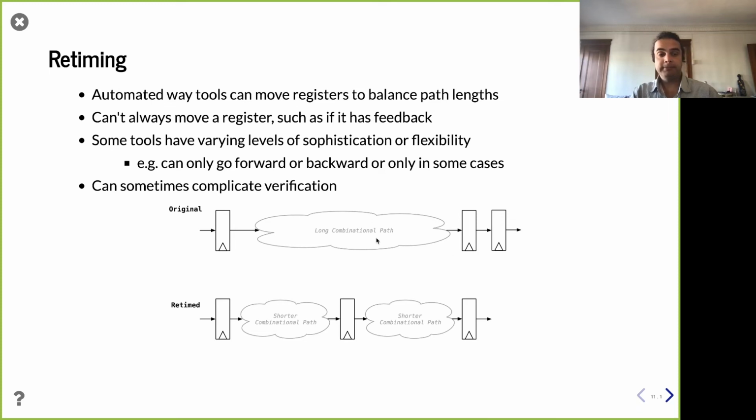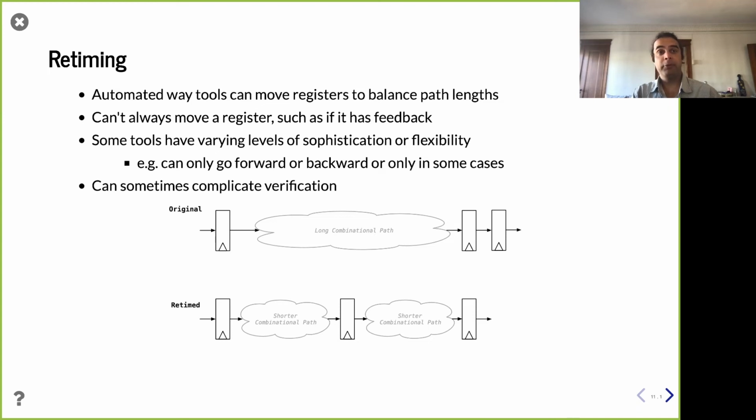Okay, what else to say about this? Okay, yes, and this last detail is kind of a small one, but very relevant. If you move your registers around your design, even though at the output of your design you may still have the right result on each cycle, if you're trying to verify your design, this is maybe going to make things harder, right?